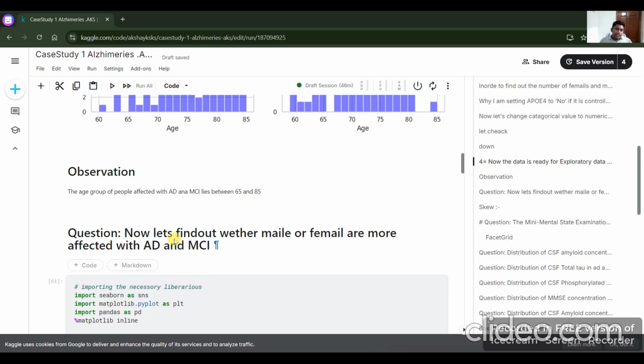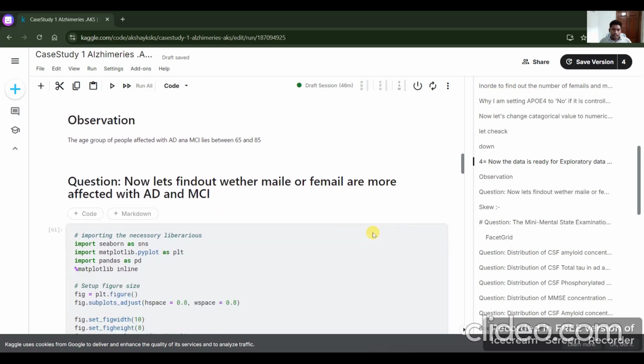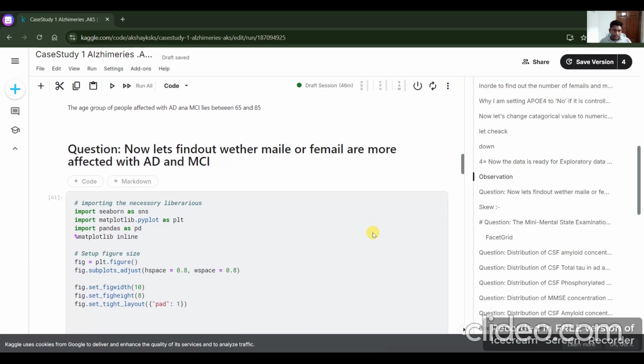Next question: now let's find whether male or female are more affected by AD and MCI.